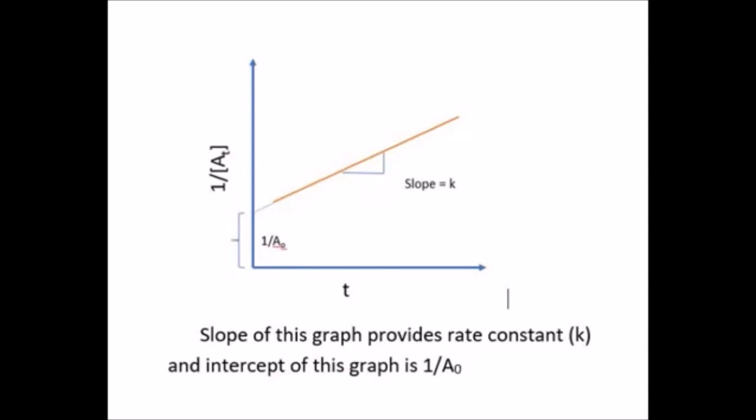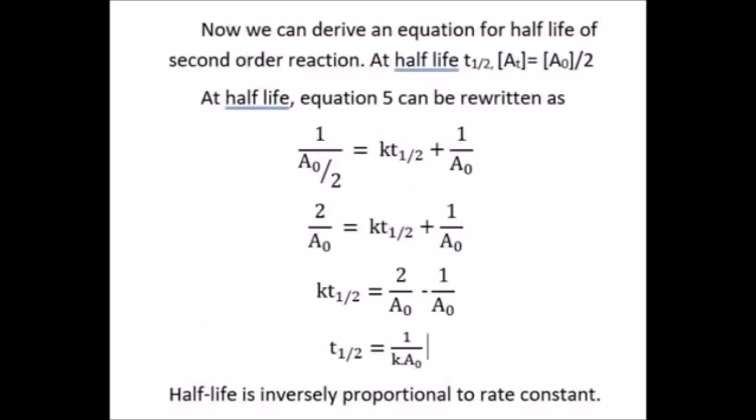Now we can derive an equation for half-life of a second order reaction. At half-life, T half AT becomes A0 by 2. At half-life, equation number 5 can be rewritten as 1 by A0 by 2 equal to K T half plus 1 by A0.